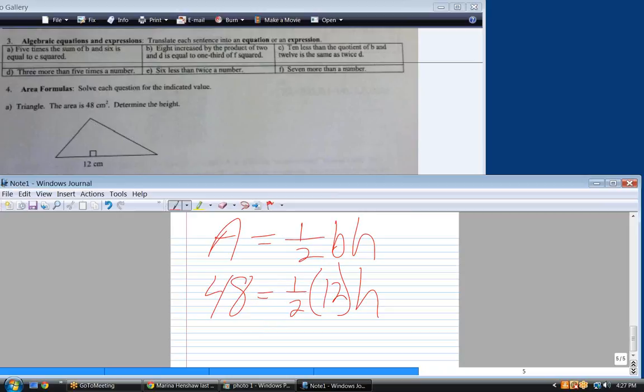Let's try to reduce whenever possible. What is 1/2 times 12? 6. Okay, so I'm going to cross that out, replace that with a 6. Now h is going to be what? 8. Good.